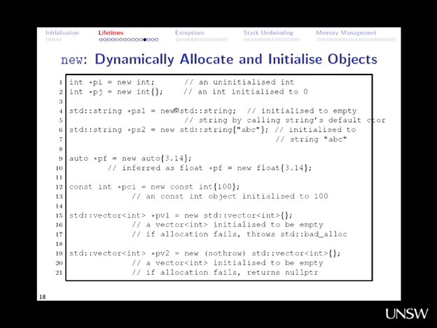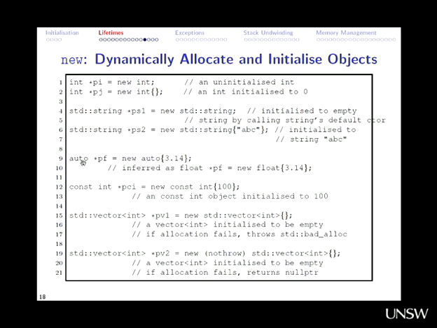I can create a string by just saying new string, and it's initialized to empty because the default string constructor is called. I can create a second string by saying new string, uniform initialization, ABC, and so the new string is initialized to ABC.